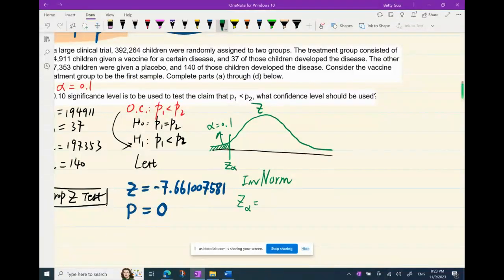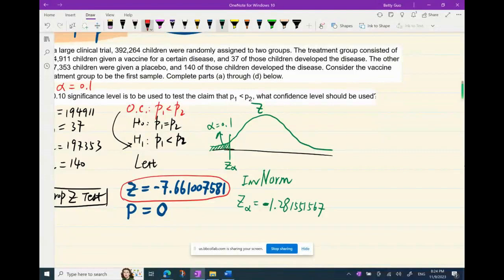So it's going to be 0.1, mu 0, sigma 1, and then it gives me the critical value equal to negative 1.28155156. Our test statistic is a lot less. The critical value is negative 1.28.